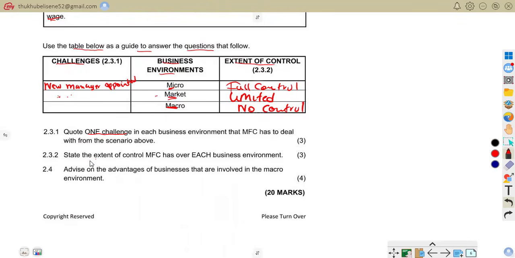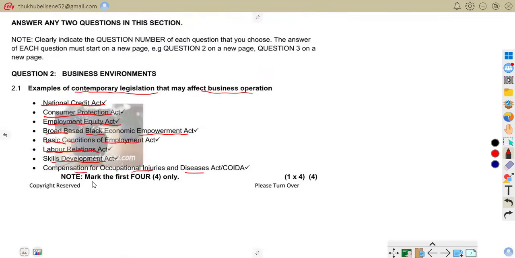Also, you state the extent of control MFC has over each business environment. We already did that. So we are now on question 2.4: Advise on the advantages of the business that are involved in the macro environment. We are talking about the advantages of business involved in the macro environment. So let's quickly go to our answers.